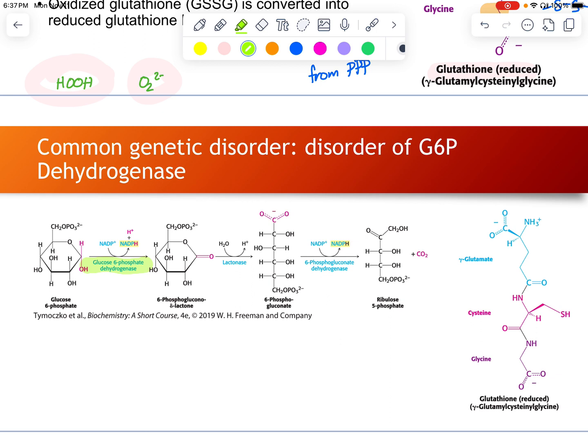Let's talk about the disorder first. This is actually the most common inherited genetic disorder. People with the disorder produce lower amounts of the enzyme. Now, if you produce none of the enzyme, you wouldn't make it out of the embryonic phase. So everybody who's alive can produce at least some of this enzyme.